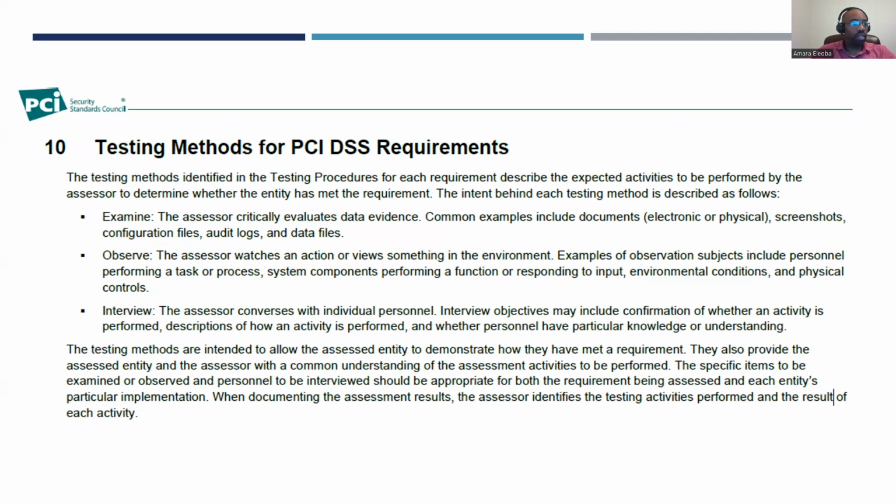Let's use an example, looking at a physical control. Someone wants to badge in, right? So you observe, when the person badges in, what is the process?